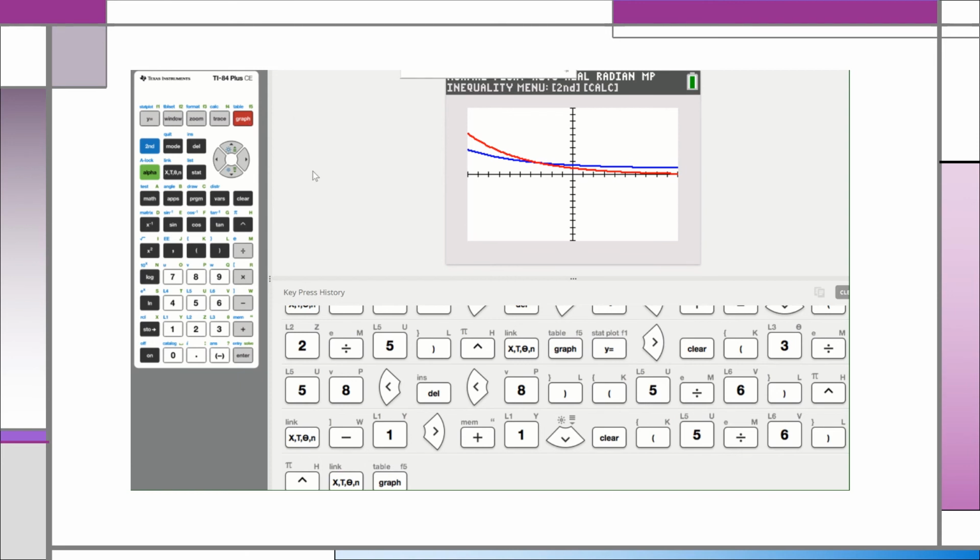Looking at the blue on the left end, y is going out to infinity, and we have a horizontal asymptote where y is equal to 1, but everything's going to be greater than 1, so y such that y is greater than 1. Exponential decay functions have a base between 0 and 1, greater than 0 but less than 1, raised to a power.